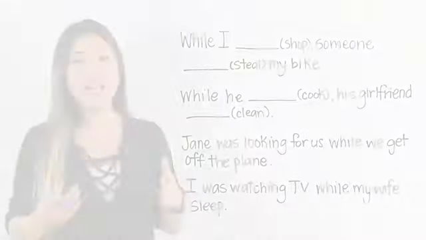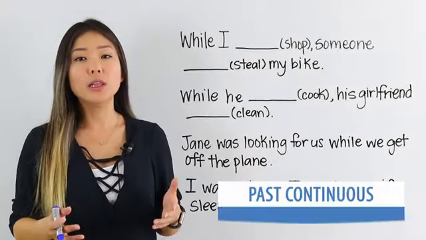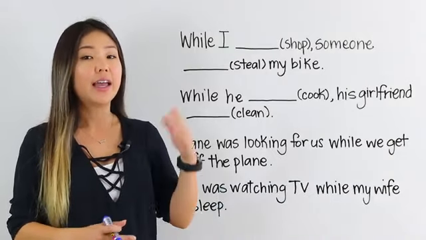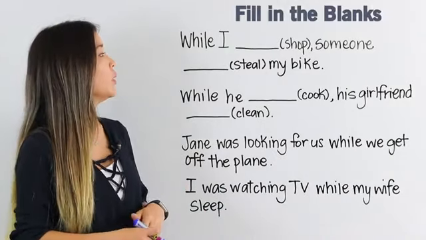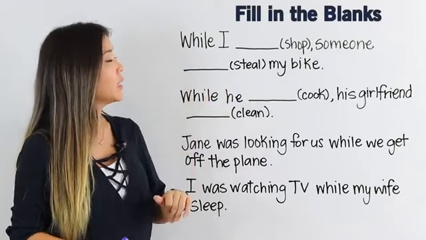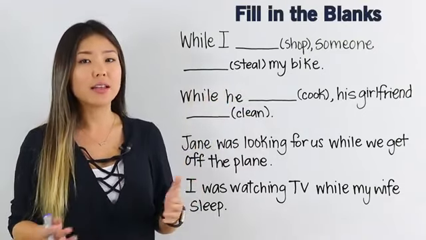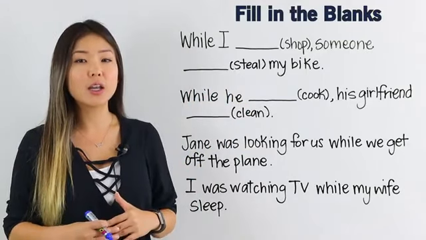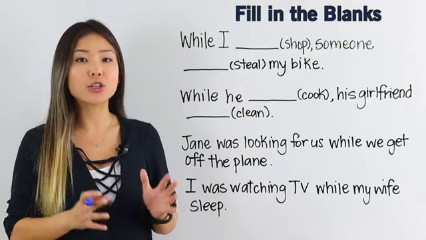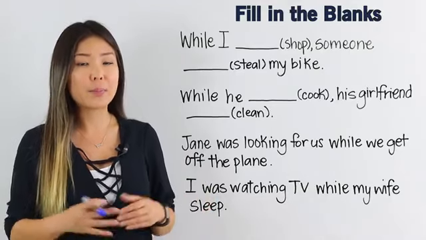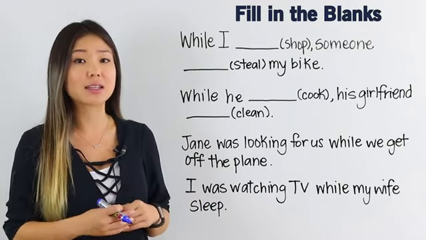Let's move on. Now, for this checkup, we'll look at the while usage of the past continuous tense. Take a look at the first example. While I blank, someone blank my bike. When we use while in the past continuous tense, we're showing that two actions happened at the same time in the past, or they were happening at the same time in the past.